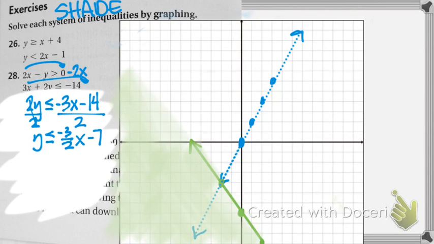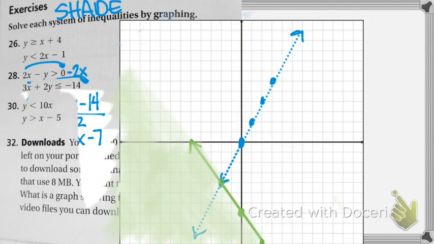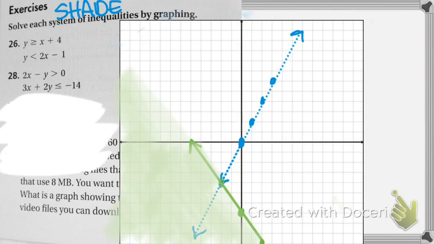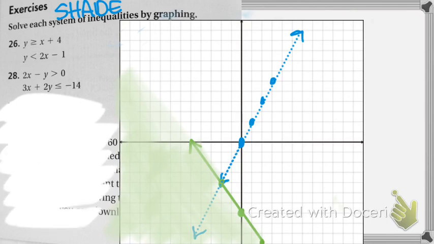And then for the dotted line, if you remember, the dotted line's equation was y is less than 2x. So I'm going to shade below the dotted line as well.